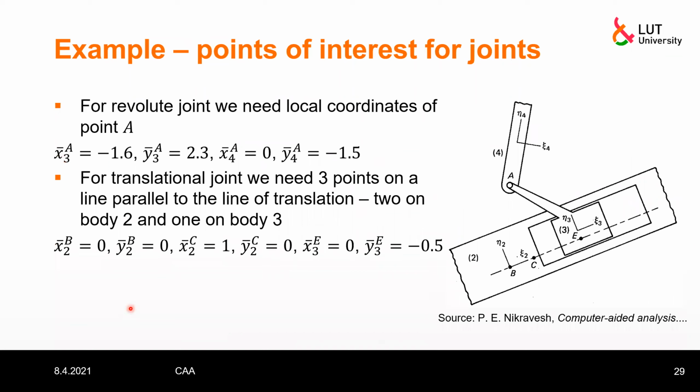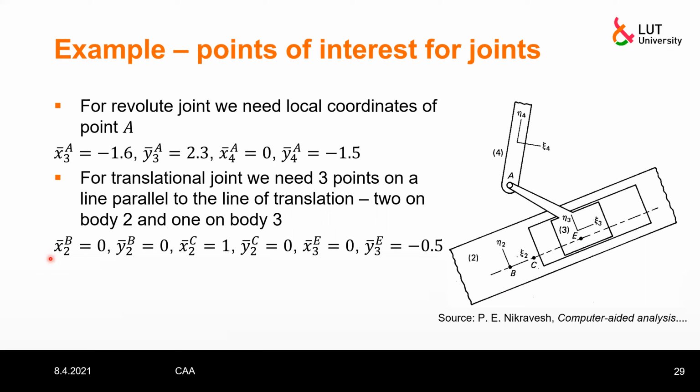For the translational joint, we need, for example, 3 points, so we can define points on a common axis, that is the axis of translation: B, C, and E, for example, here, while BC is described in one body, and E is in the second body. Yeah, and same story. We must find the coordinates of those points in certain local reference frames.